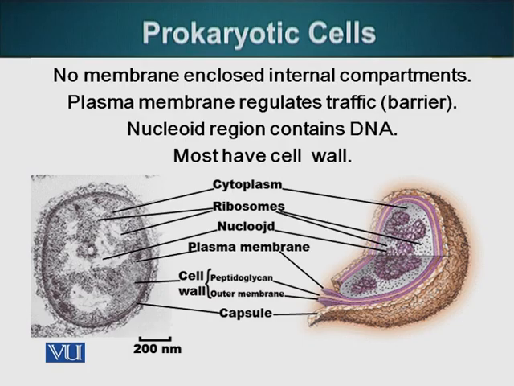These cells don't even have a nucleus. Their DNA is present in a specific region generally, which is called the nucleoid region. The genetic material, or the DNA, is surrounded by the cytoplasm, which contains particulate matter, for example ribosomes, which are suspended in the cytoplasm of these cells.